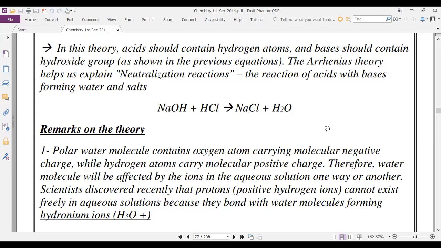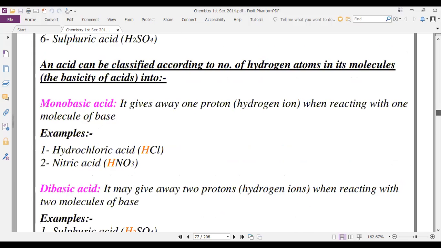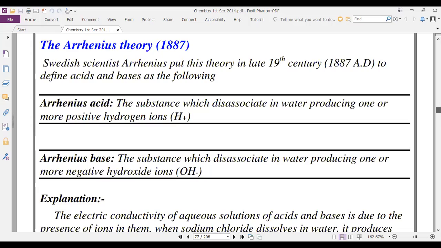Why? Because they bond with water molecules forming hydronium ions. So H+ cannot exist as a free ion. They bond with water molecules forming the hydronium ion, which is simply H3O+.